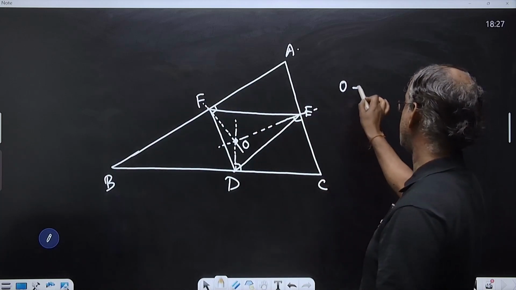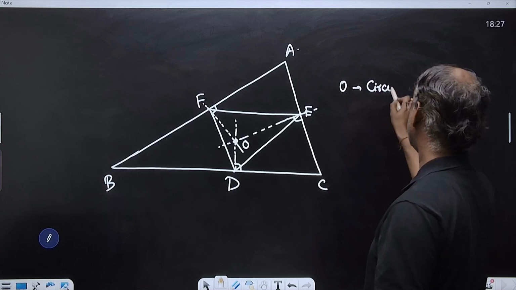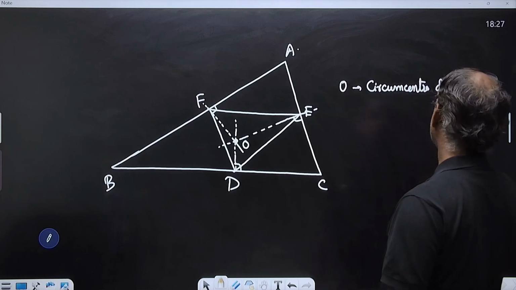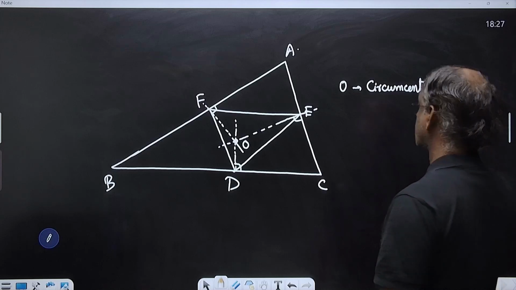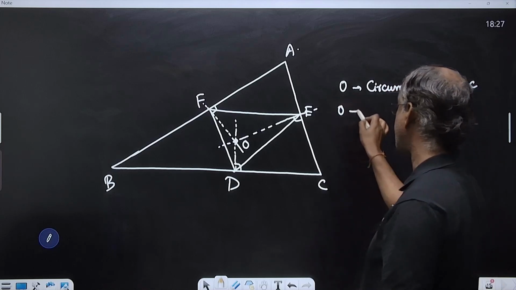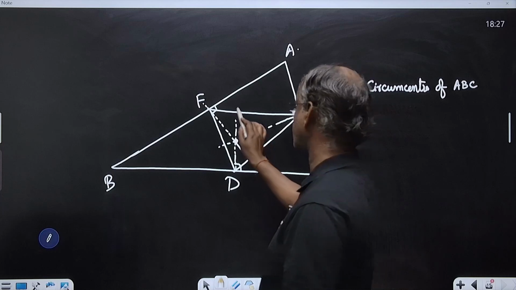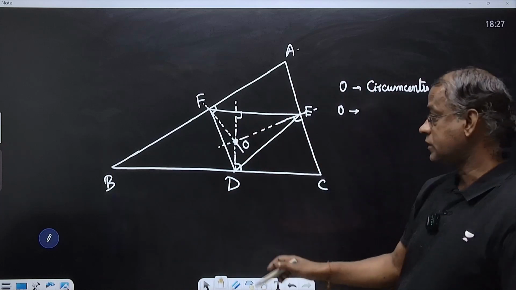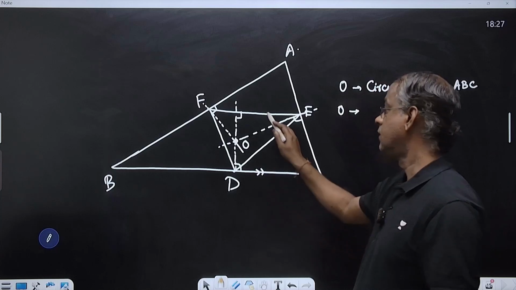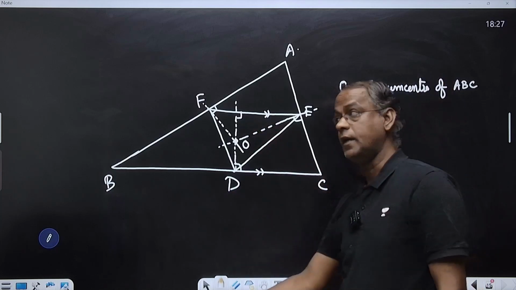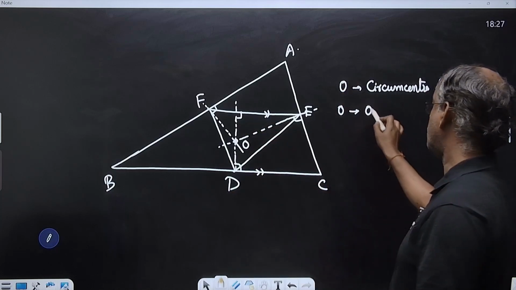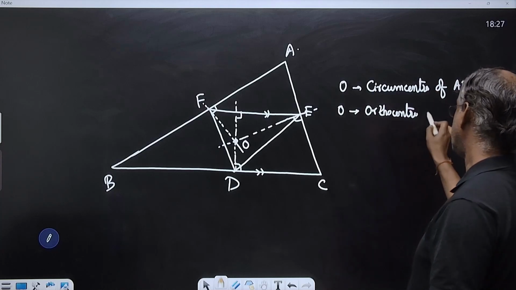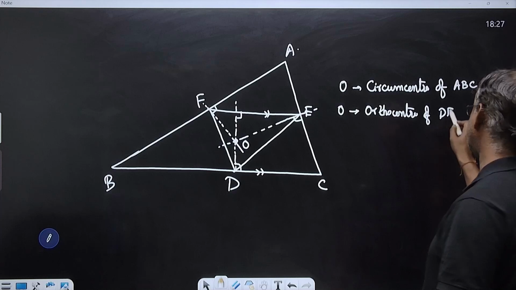O is the circumcenter of ABC. And if you look at it very carefully, it is the point of intersection of altitudes for DEF. Are you able to see? This is perpendicular, these two are parallel. This angle will also be 90 degrees. So O is the orthocenter of DEF.